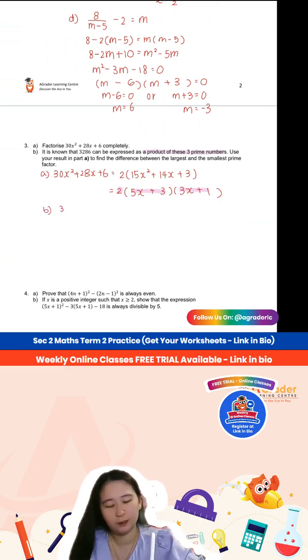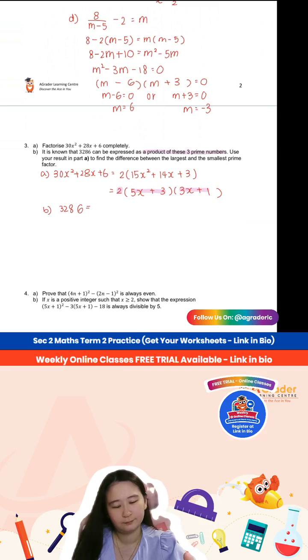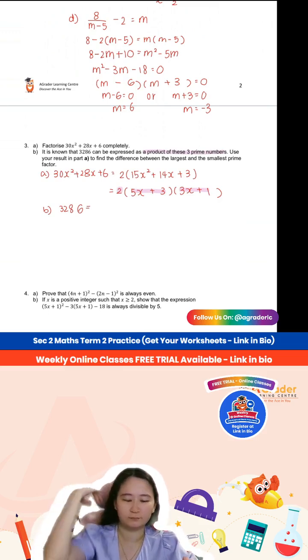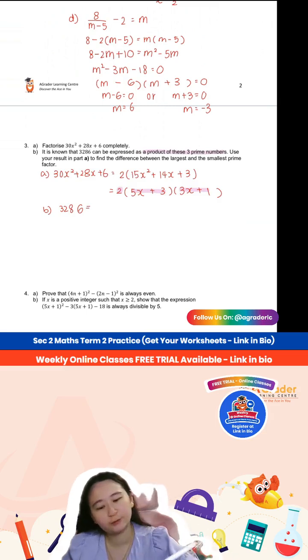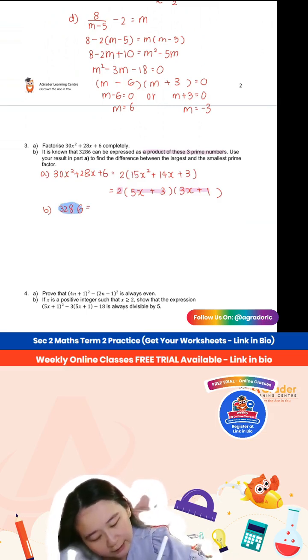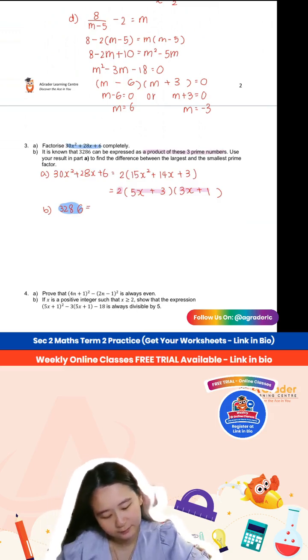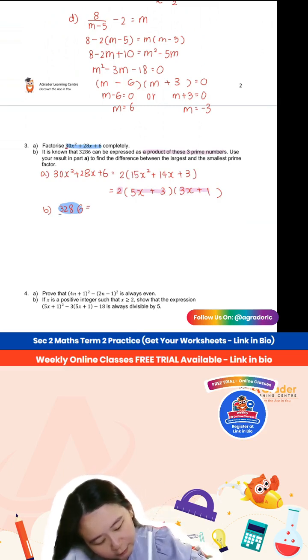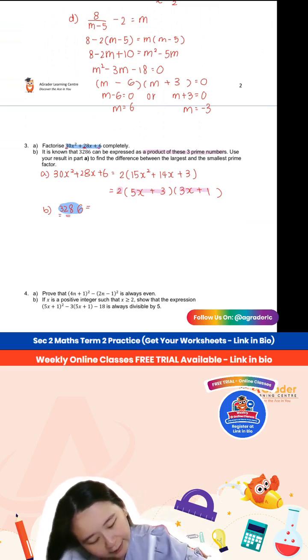So part B, we have 3286, we try to relate this to part A. How can this be related to this? Okay, so we can try to take a look. We have the first digit 3, 28, and end with 6.